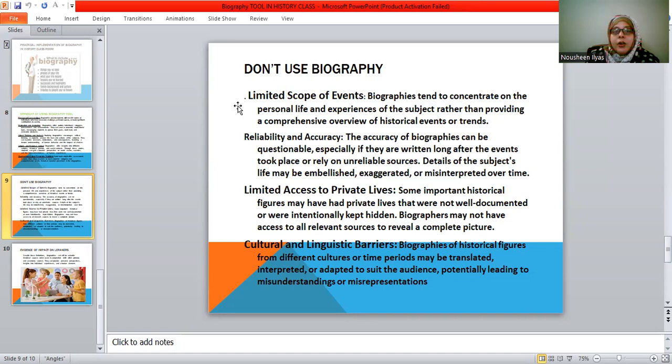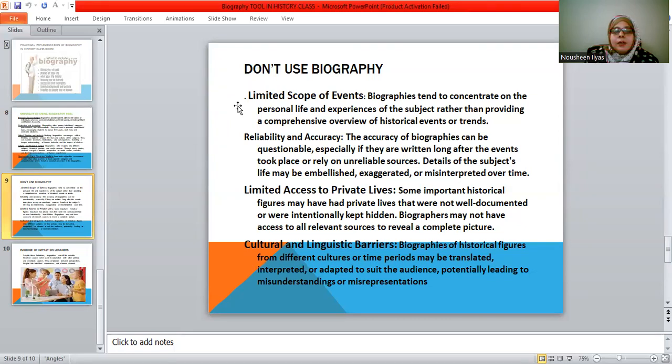That's why I already told you earlier, don't use this when there is a cultural or linguistic barrier, because at that time it will create ethnicity issues, and it will create biases. So be careful. For example, the War of Independence.